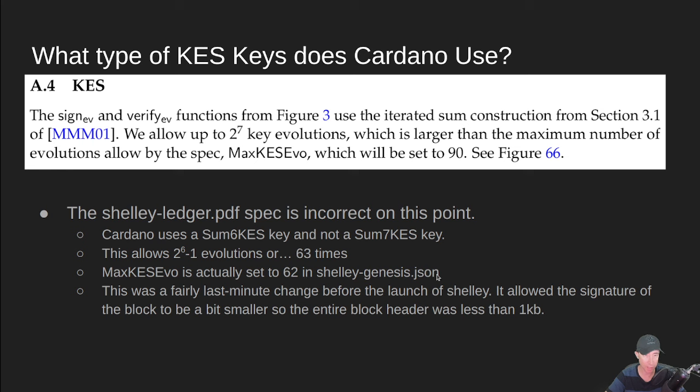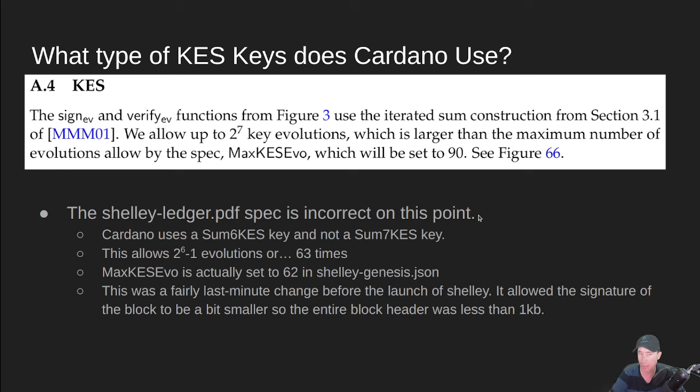In the Shelley Genesis JSON file, they have actually set the max KES evolutions to 62, I guess to give a little bit of buffer on the 63 before the key self-destructs. But originally in the spec, they were planning to do 2 to the 7th keys. The reason for this is that the block headers are the main thing that's synced to all the pools, relays and nodes before the blocks themselves.